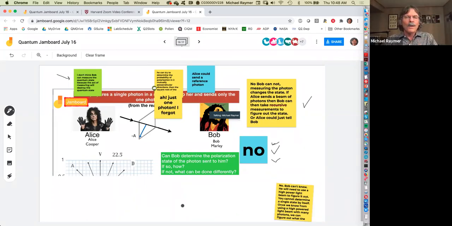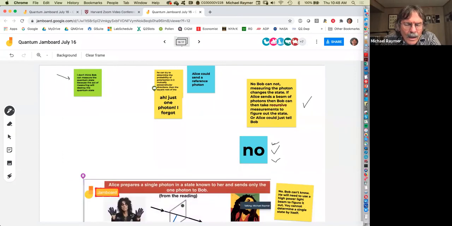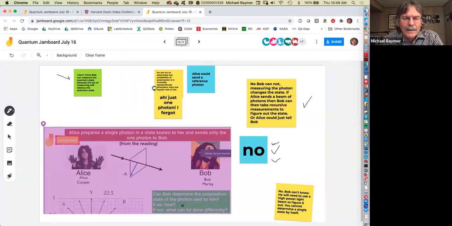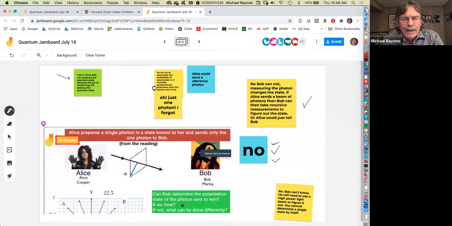The reason it's important is because this inability of Bob to measure the state of Alice's photon is actually what gives us security in quantum communication systems. So you've probably heard statements that we can do quantum cryptography, or we can make information transmission perfectly secure using quantum techniques. And that statement is at least theoretically true.